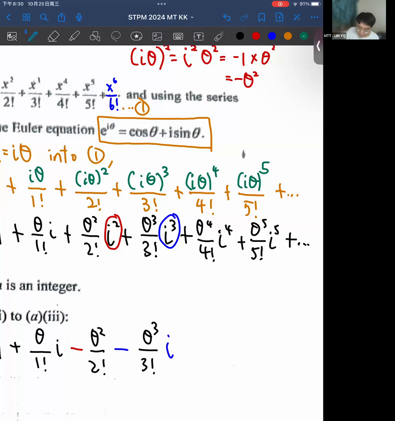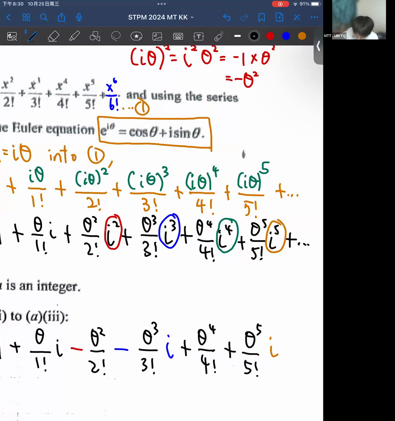And what is i to the 4? i to the 4 is 1, so it means nothing, you just plus this one only. And what is i power 5? i power 5 returns back to i, so just one i only. I think it's enough, right?